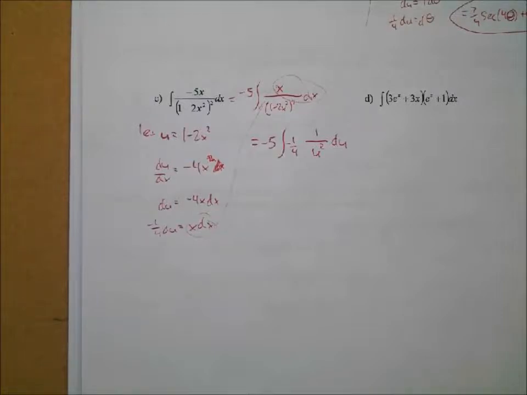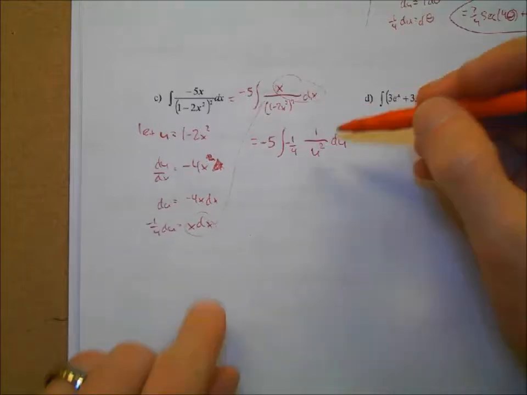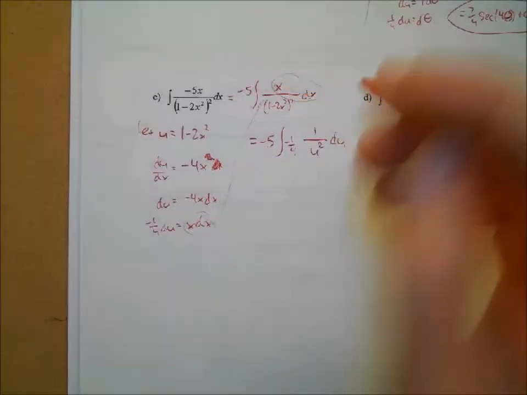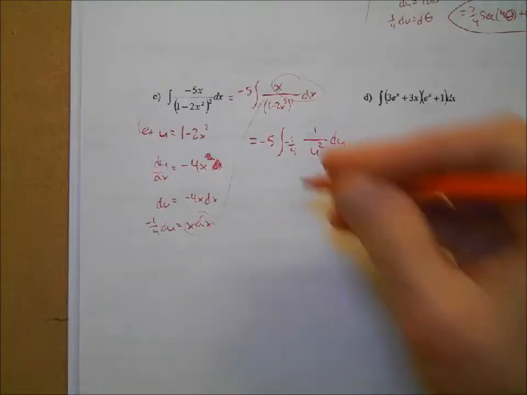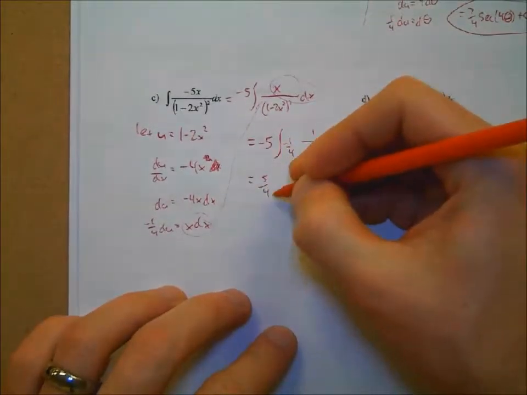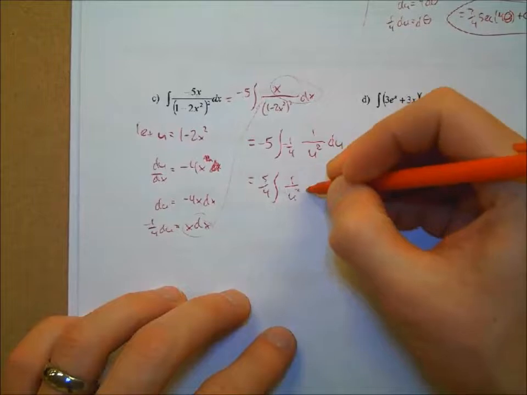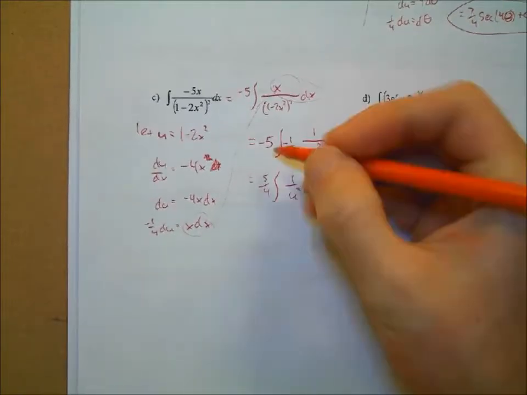So there's our substitution. The x dx becomes negative 1/4 du. Okay. And so we get 5/4 integral 1 over u squared du. Right, negative 5 times negative 1/4.